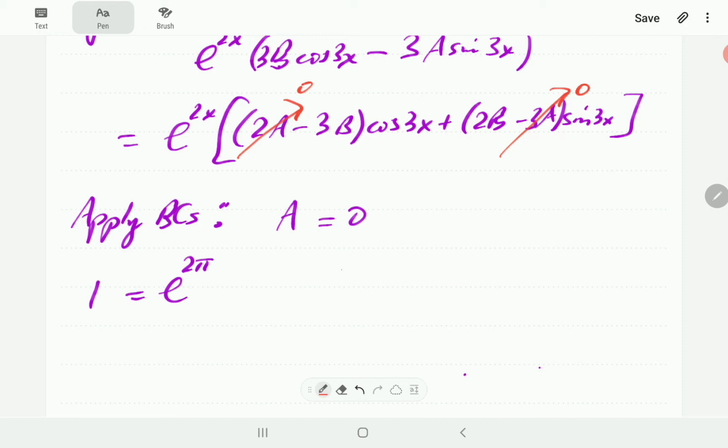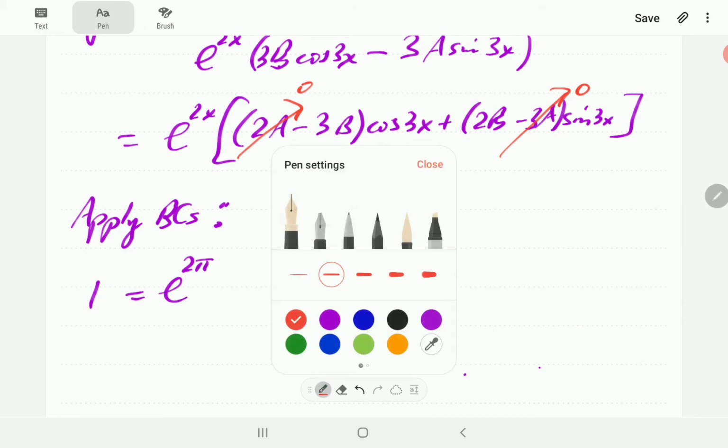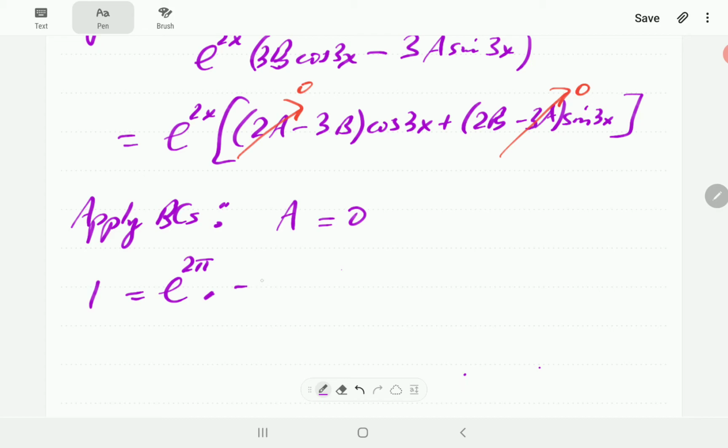So then we're going to have negative 3b cosine 3 pi plus 2b sine 3 pi.